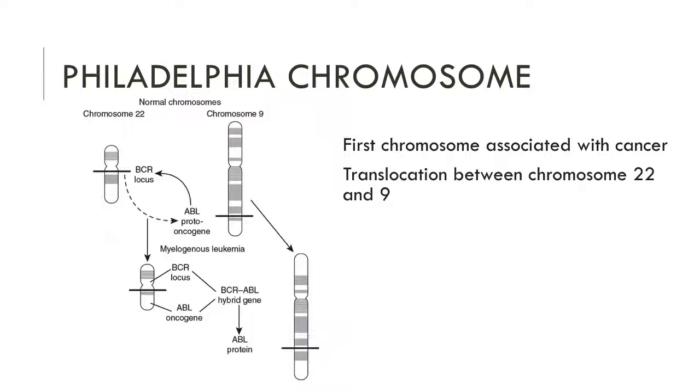And it is a translocation between chromosome 22 and chromosome 9. And that's really all you need to know, is that this chromosome is associated with leukemia, and that it comes from this translocation.